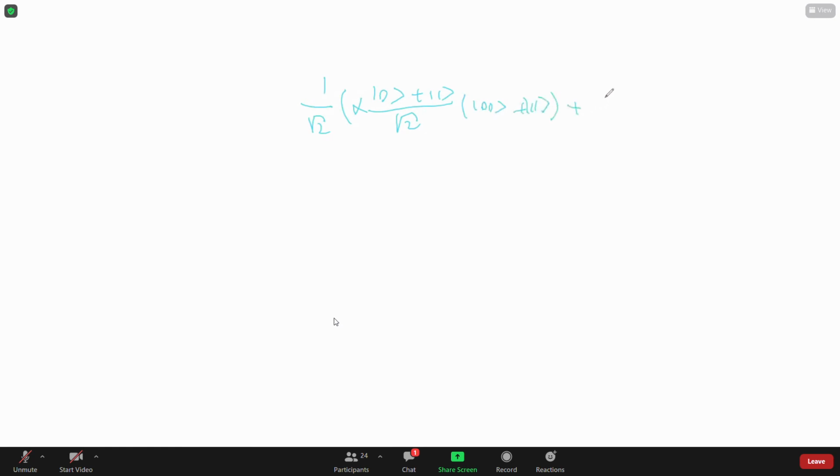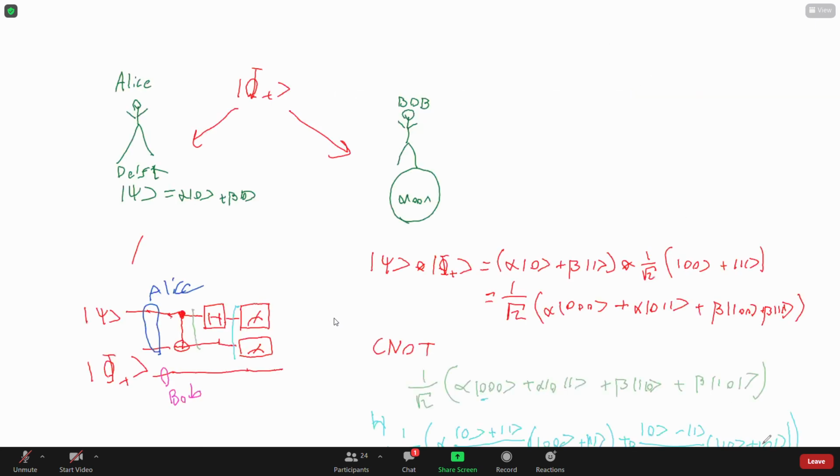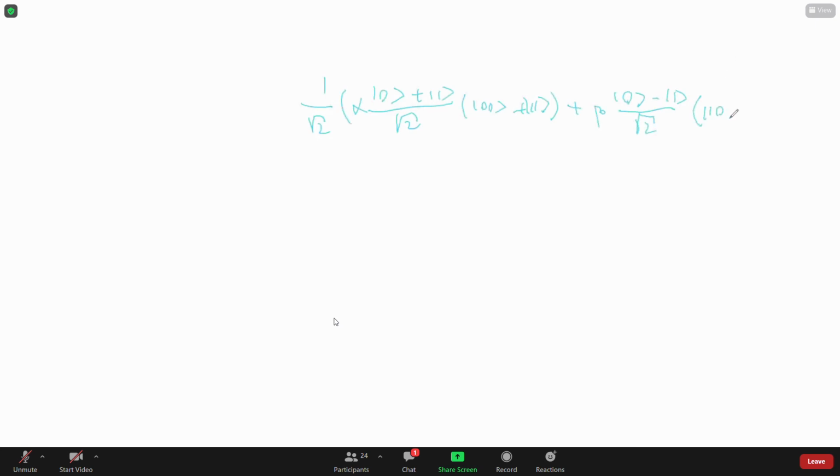And then plus beta times (|0> - |1>)/√2, and then we get, how was it again? It was |10> plus |01>. So now we can collect essentially what all the outputs of Alice would be. We take this 1 over square root of 2 outside the parentheses, and get 1/2.